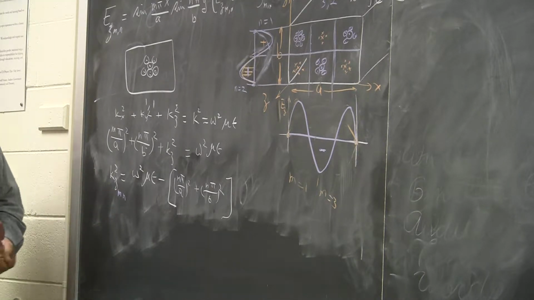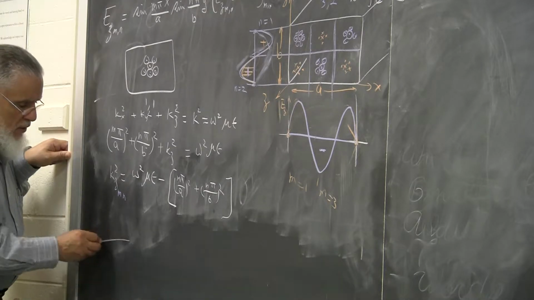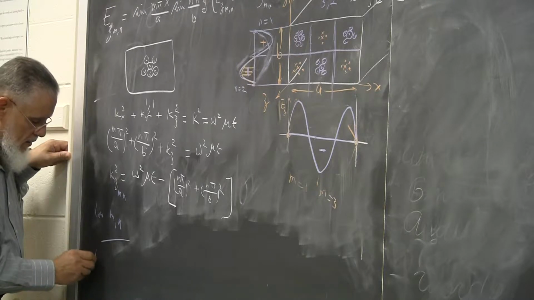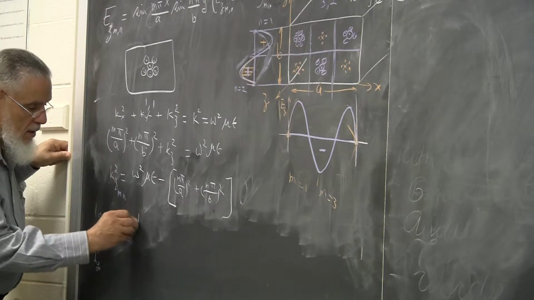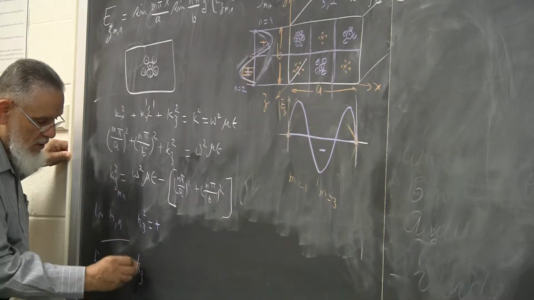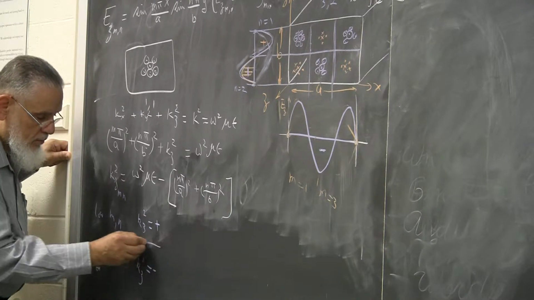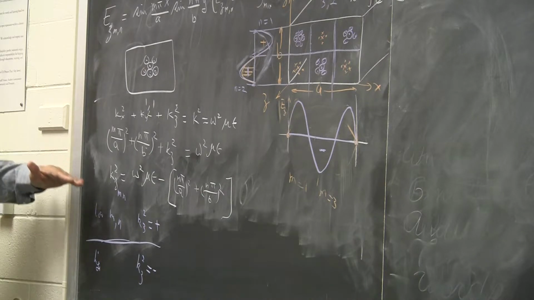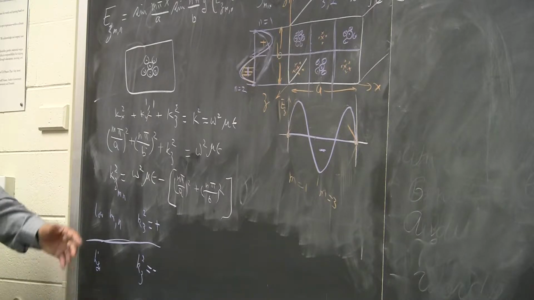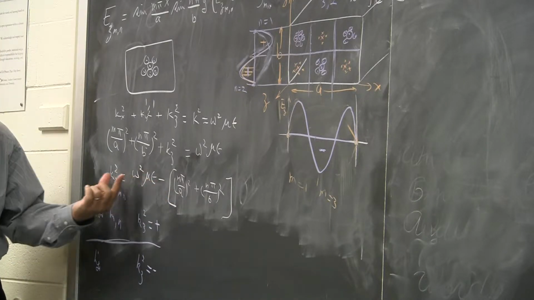Right? So for certain values of m and n, I'll say here low, and I'll say here high. Here k sub z squared is positive. Here k sub z squared is negative. As I increase my m and n, the combination could come to a point where this exceeds that and this goes negative.